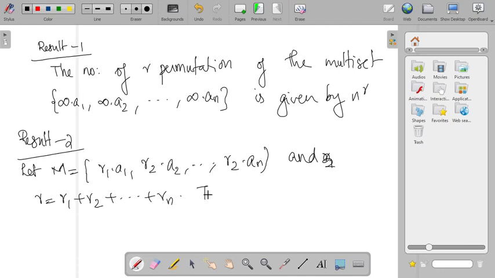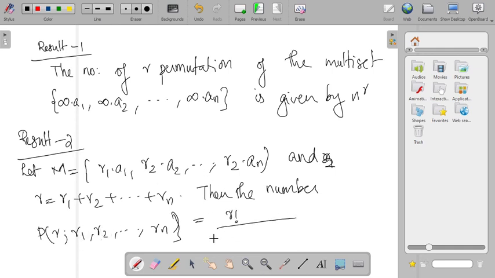Then the number of r-permutations of the objects, where r1, r2, etc. rn are the number of times they are repeating, is given by r factorial by r1 factorial, r2 factorial, etc. rn factorial. So that is the number of required permutations.